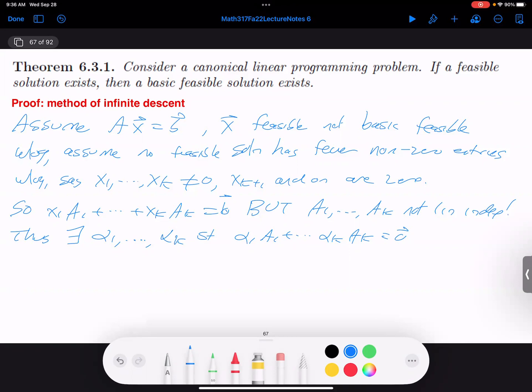What we want to do is get rid of one of the components of x. Let's call the vector alpha 1 through alpha k the vector alpha. So if we look at A times x minus lambda alpha, what will that equal?